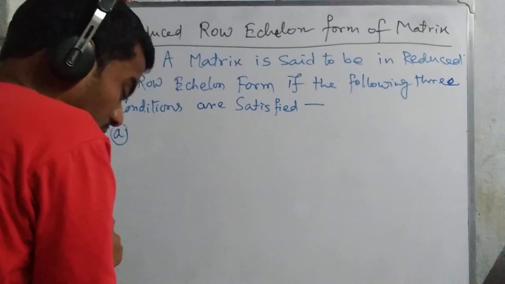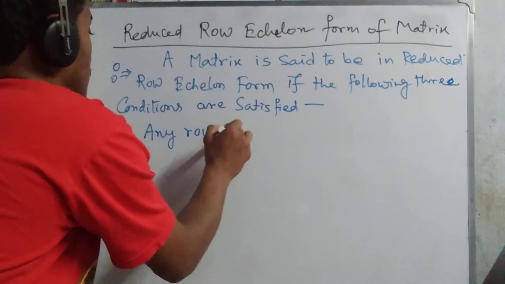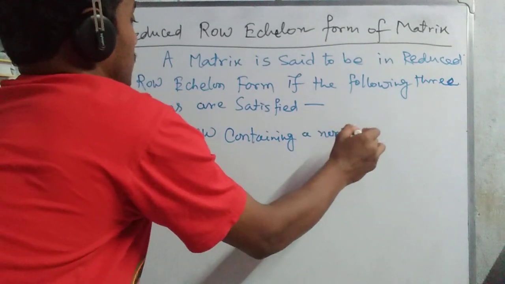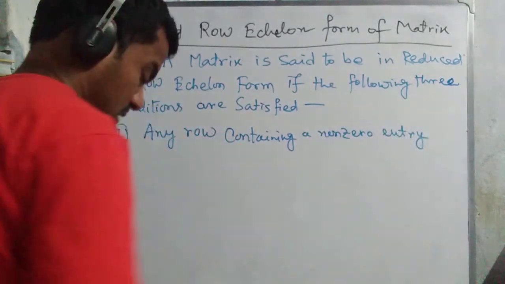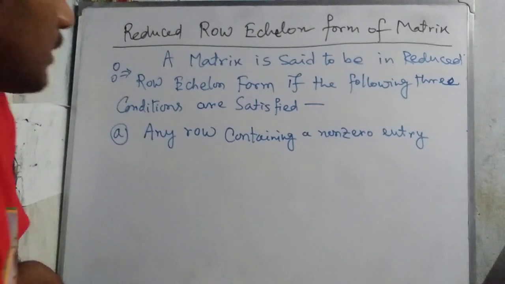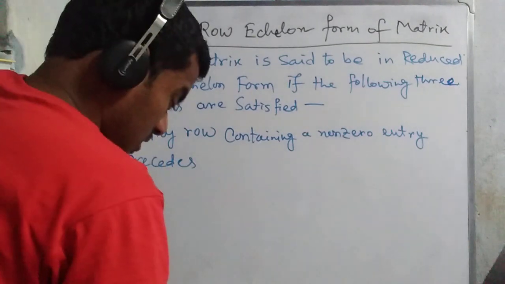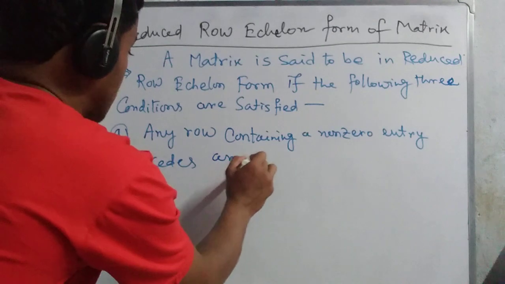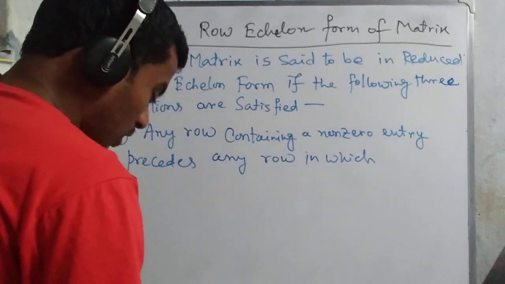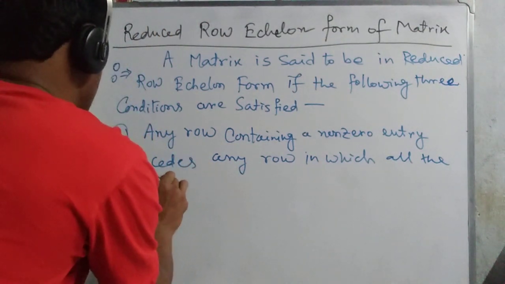First, any row containing a non-zero entry precedes any row in which all the entries are zero.